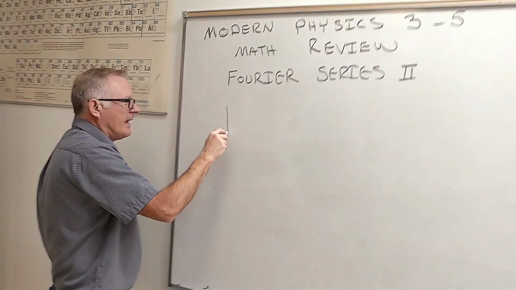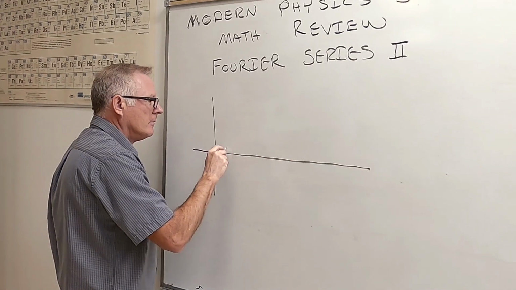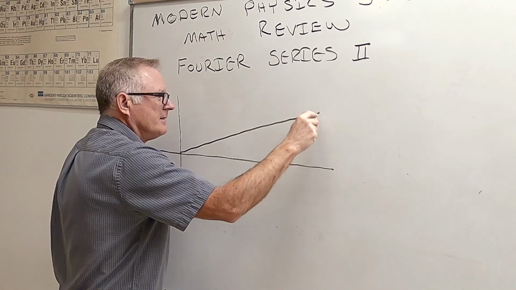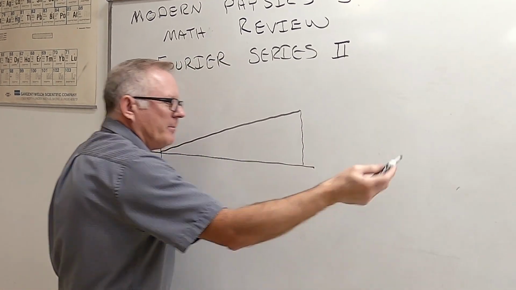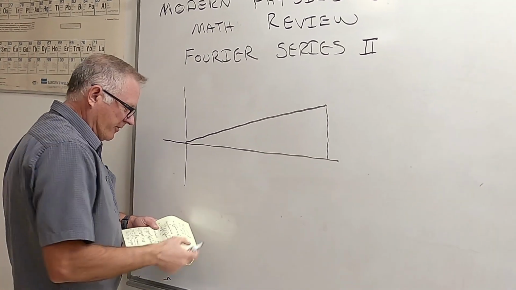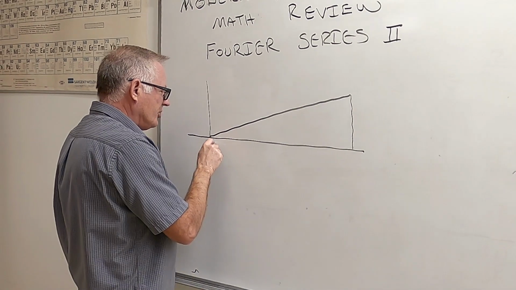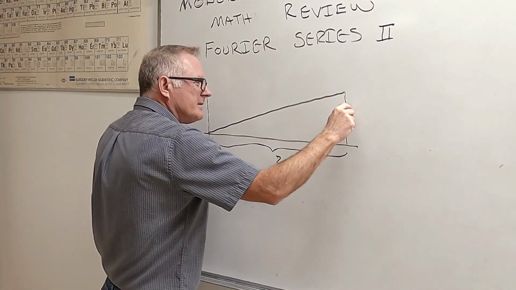Let's just say we have a function that looks like this. It goes down, and then it repeats itself, and then it goes down and repeats itself. We'll call this length right here distance 2, and we'll call this distance 1.